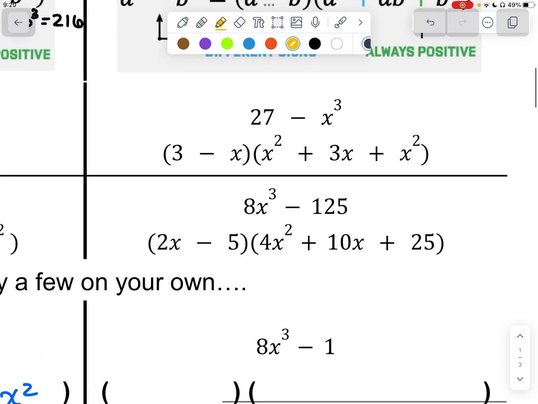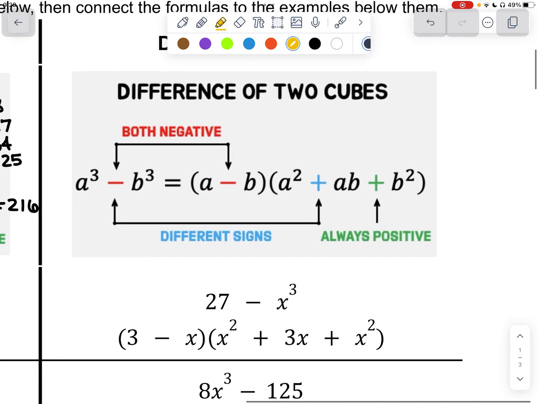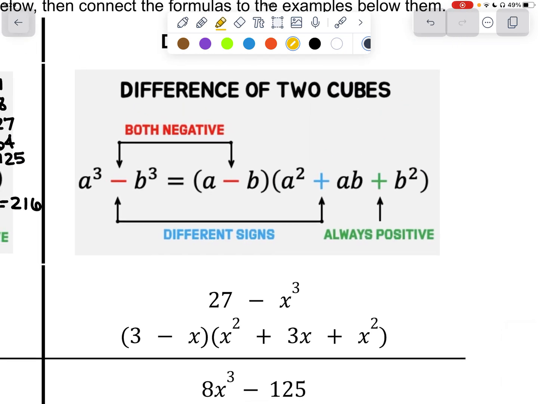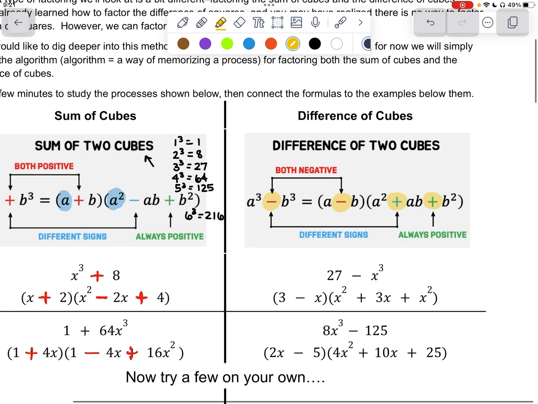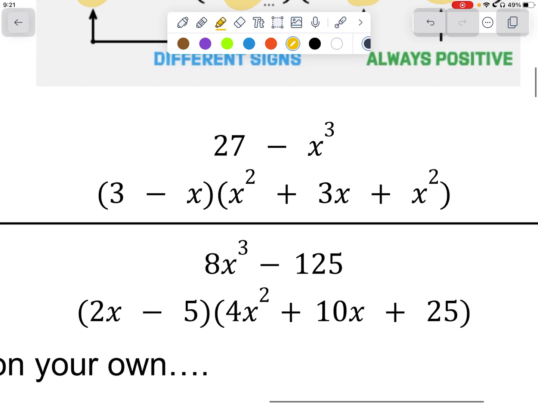Now let's look at difference of cubes. Very similar, but notice your sign. It's going to be the exact same process, just notice your sign. It's minus becomes a minus, plus, plus. Everything else is the same. So difference of cubes, we take the cube root of the first, cube root of the second, keep the subtraction sign.